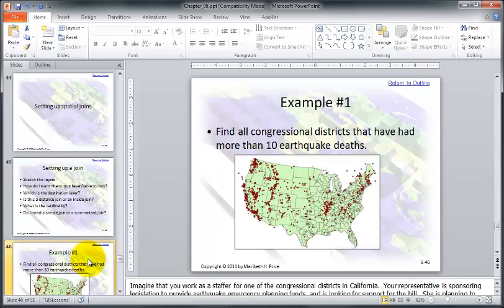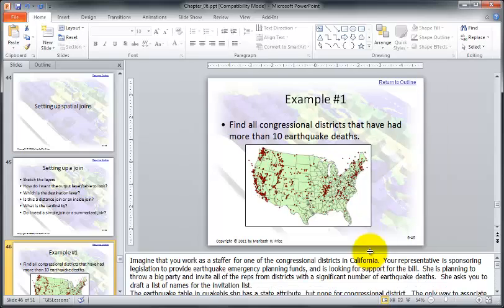Example 1. Find all congressional districts that have had more than 10 earthquake deaths. And we can open this up a bit so you can see. Imagine you work as a staffer for one of the congressional districts in California. Your representative is sponsoring legislation to provide earthquake emergency planning funds.